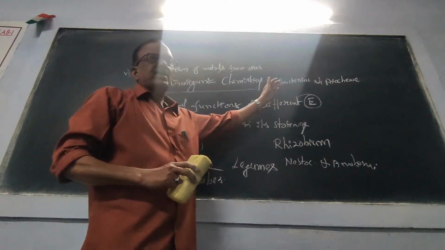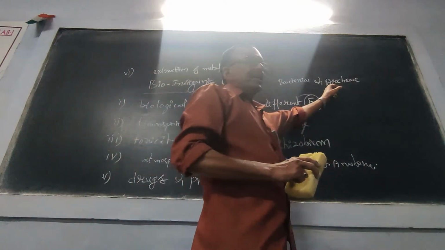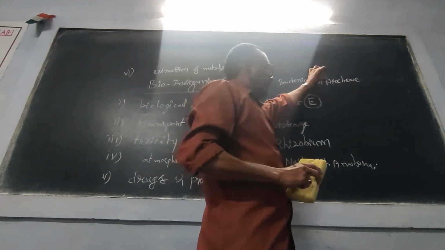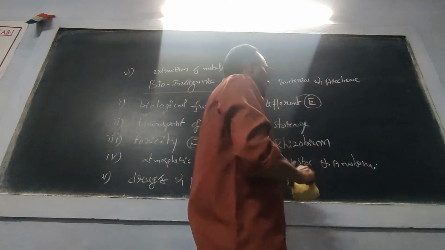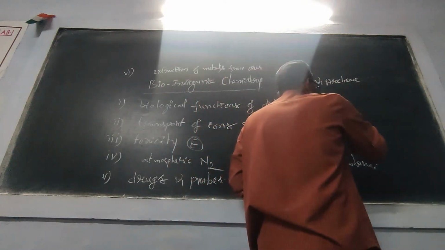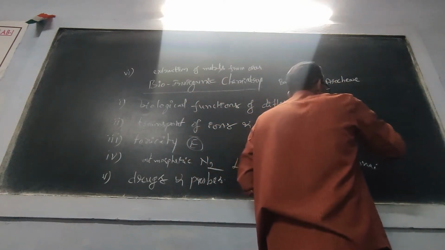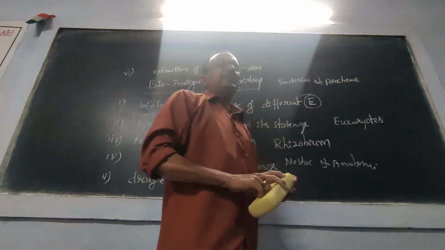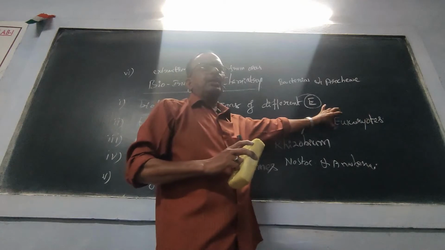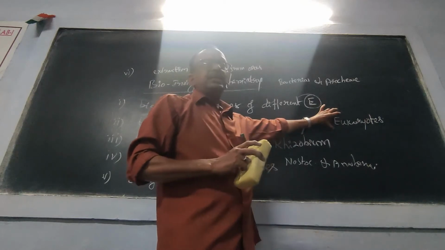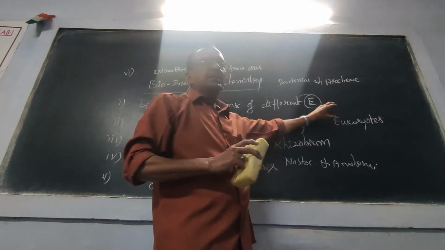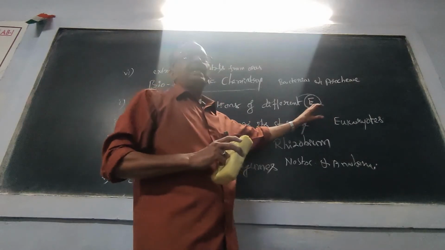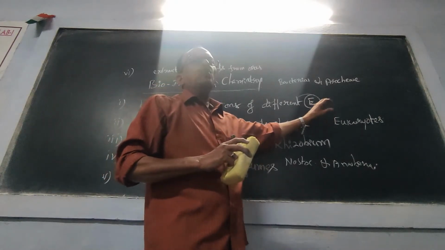Archaea is the intermediate present between bacteria and eukaryotes. Eukaryotes means living organisms which have a distinct cell with a distinct nucleus, and DNA is present in the form of chromosomes.